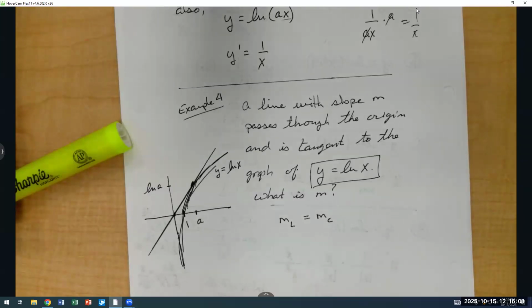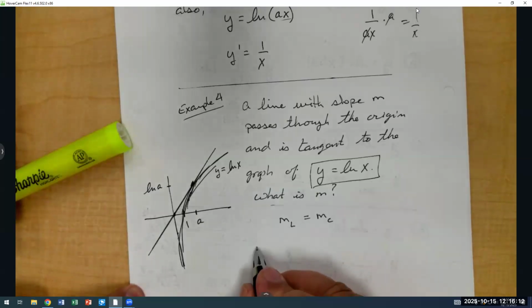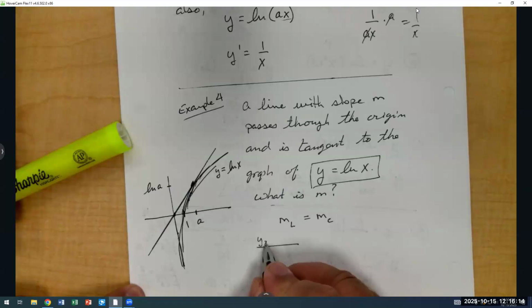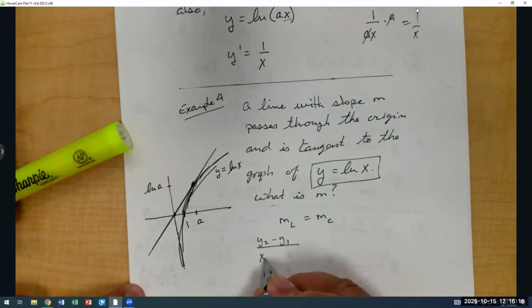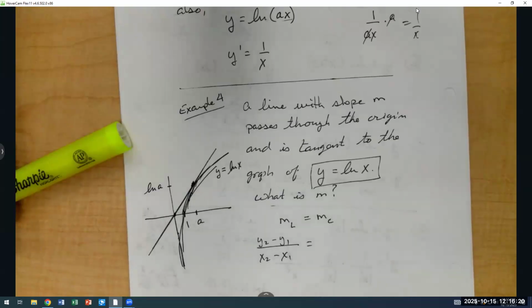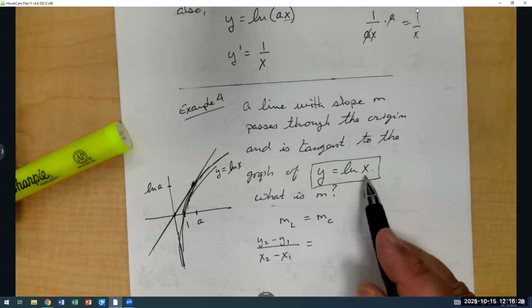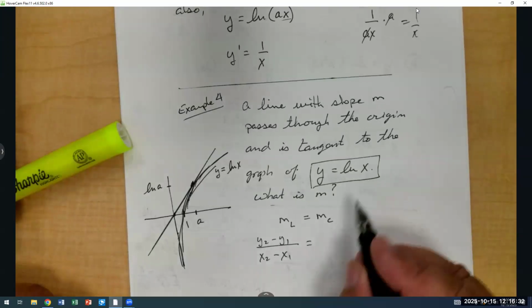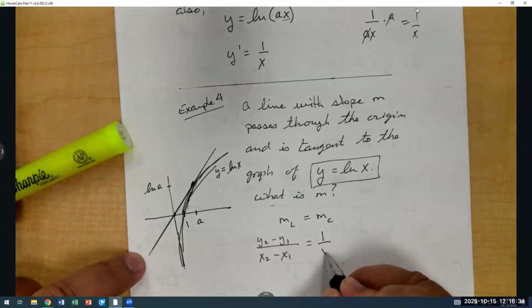The slope of a line is y2 minus y1 over x2 minus x1. The slope of the curve is the derivative of the curve, which is 1 over x.